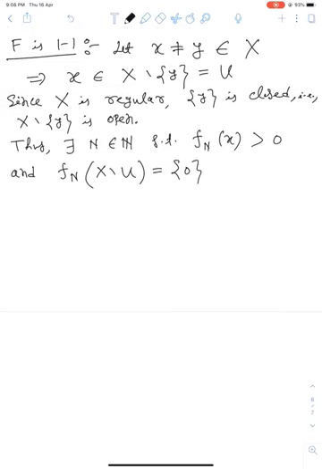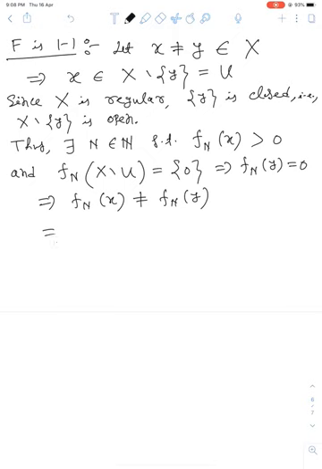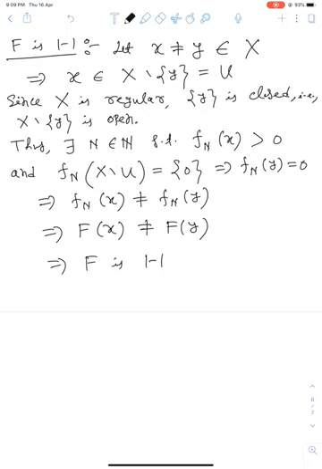So what is my X minus U? That is the singleton {y}. So that implies f_n(y) equals 0. So we have chosen two distinct points x and y, and we find one function f_n such that f_n(x) is not equal to f_n(y). Now that implies my f(x) is not equal to f(y). That implies f is 1-1. So this part is done.